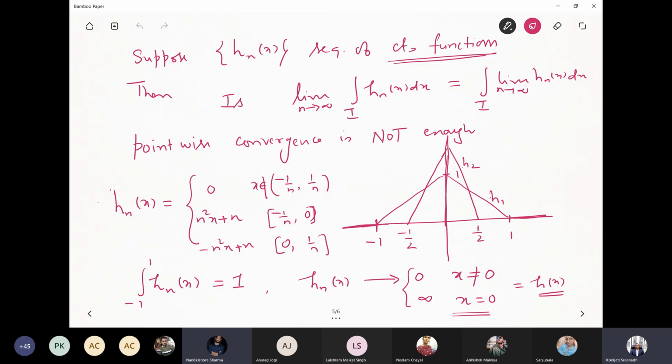That sign x not equals to 0. I'm not getting it. X not equals to 0. It's a continuous function. How you define h and x? At x equals to 0, it is x equals to 0. Take it here. It is n. Here also you take it to 0. It is n. Okay, sir. It is a continuous function.